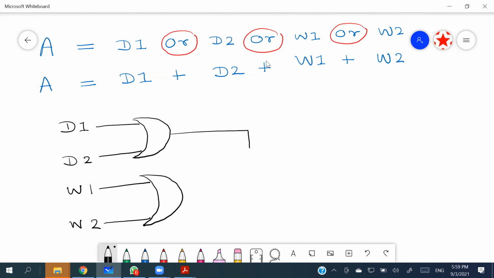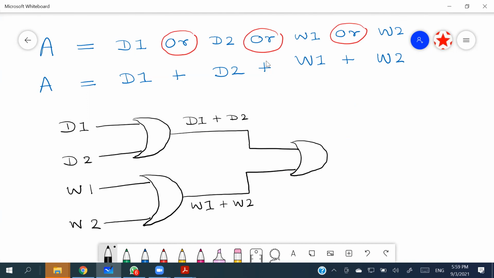From the outputs of these OR gates, we send them through another OR gate. So this one gives D1 plus D2, this gives W1 plus W2, and this output gives the entire expression, which is D1 plus D2 plus W1 plus W2.